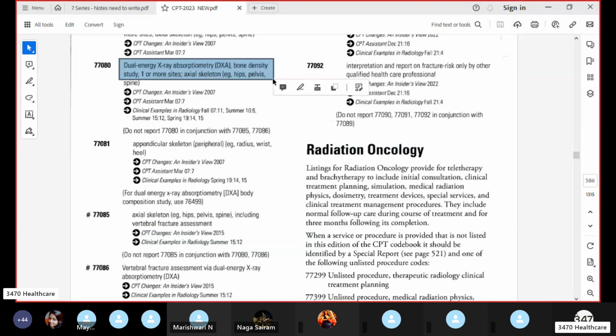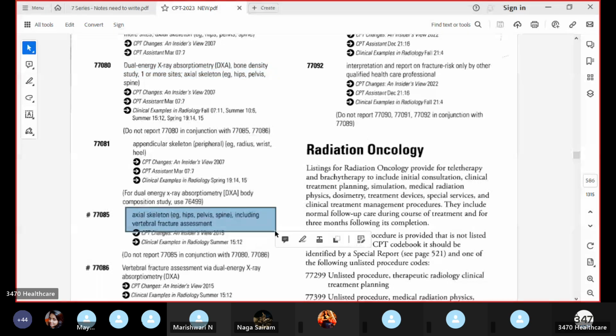Then including vertebral fracture assessment. 77085. Dual energy X-ray absorptiometry, bone density study, one or more sites, axial skeleton, including vertebral fracture assessment. 77085. That is the correct.